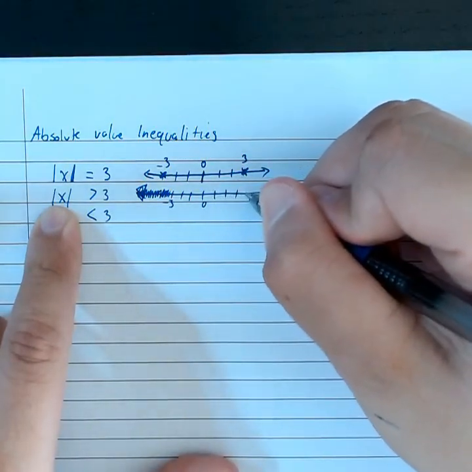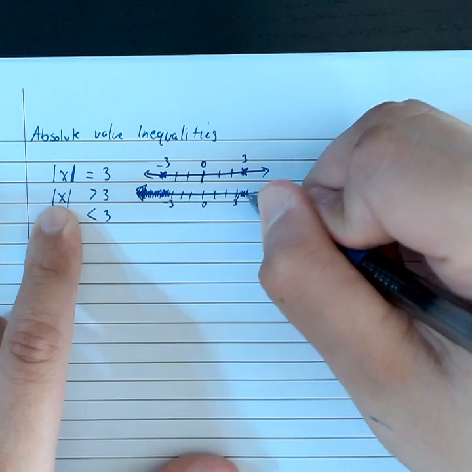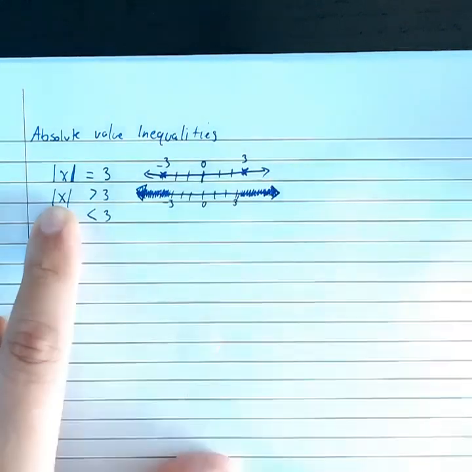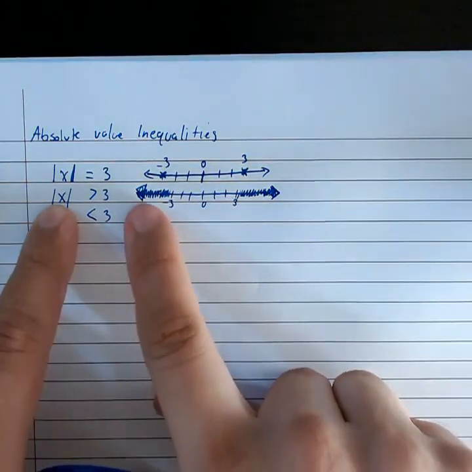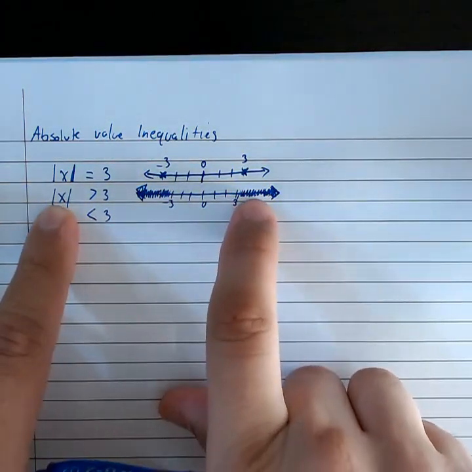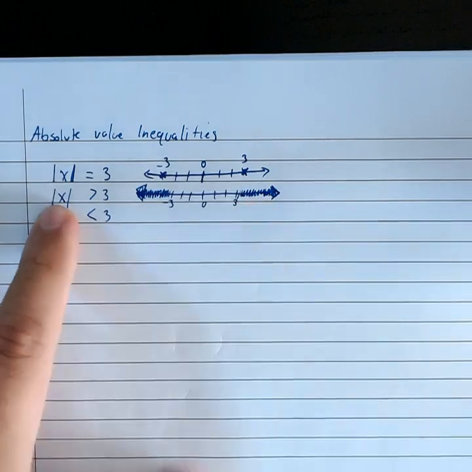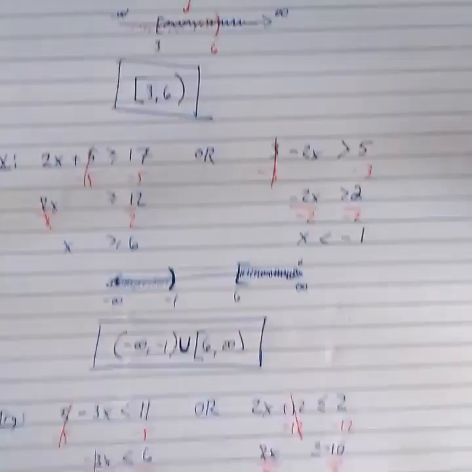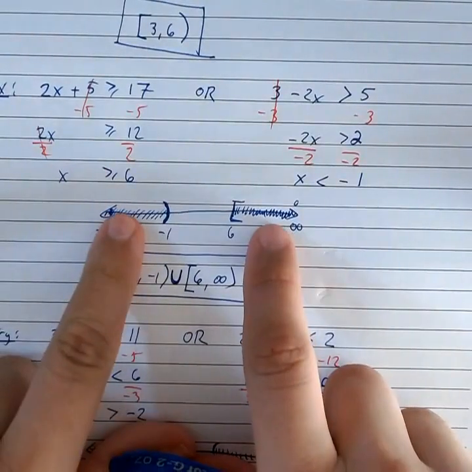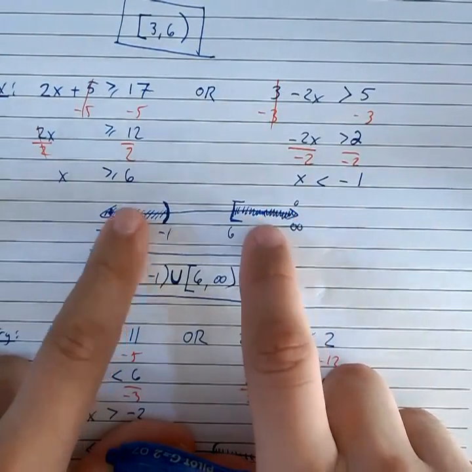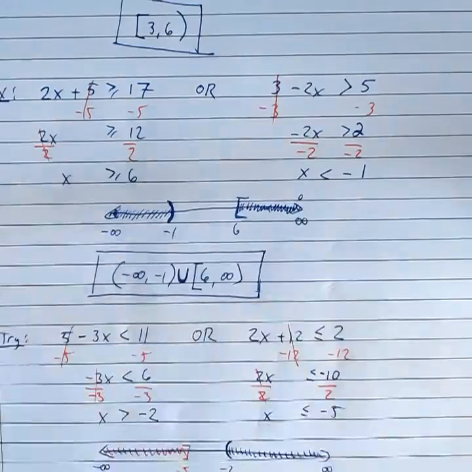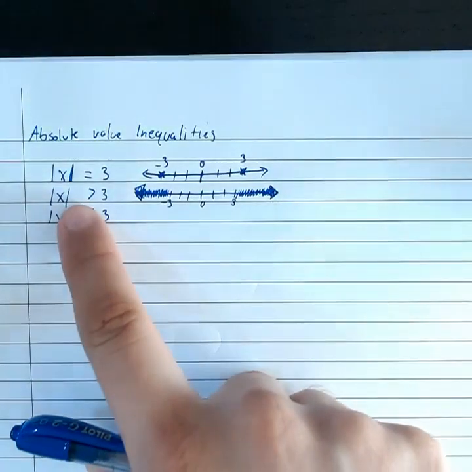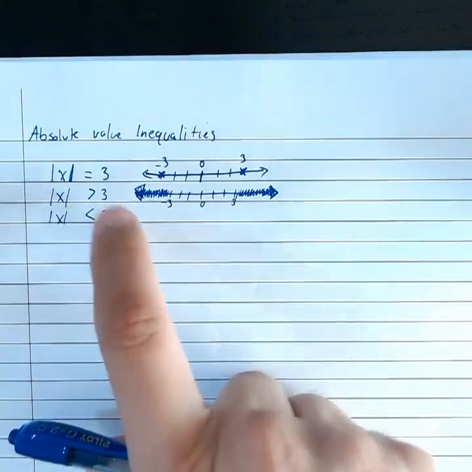Once you get past 3, you could say 4 or 5 or 6 or 10 or 1,000 or 1,000,000 or 1,000,000,000, out to infinity. Every one of those numbers, along with every one of those numbers, has an absolute value that's greater than 3. But notice, that's what a disjunction looks like. That's what an or compound inequality looks like. It's two separate pieces that join together as one answer. So this is basically just a compound inequality.